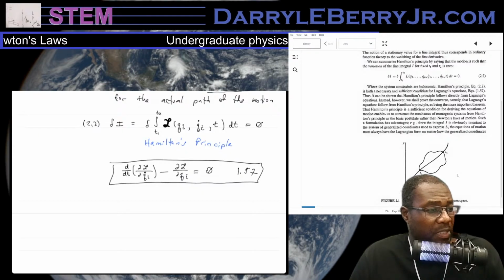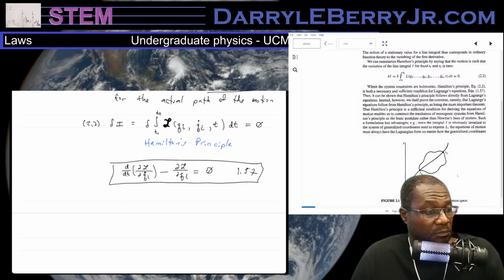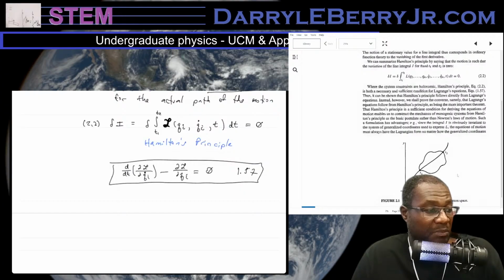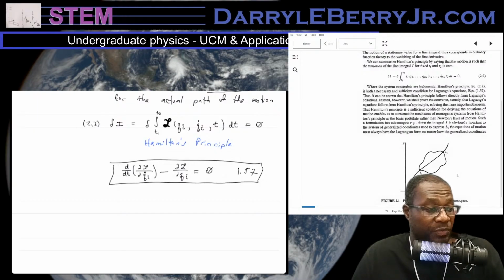So I'm not clear which one they're saying is the most important principle, Lagrange or Hamilton. It's just saying Hamilton is the most important. Hamilton's principle is a sufficient condition for deriving the equations of motion. That enables us to construct the mechanics of monogenic systems from Hamilton's principle as the basic postulate rather than Newton's laws of motion.